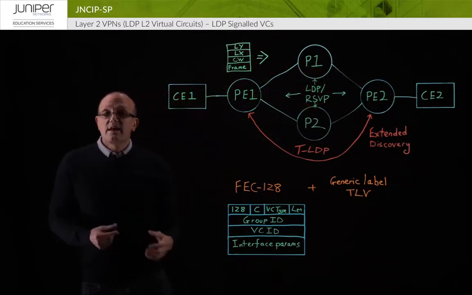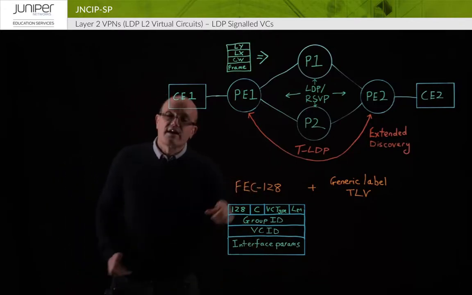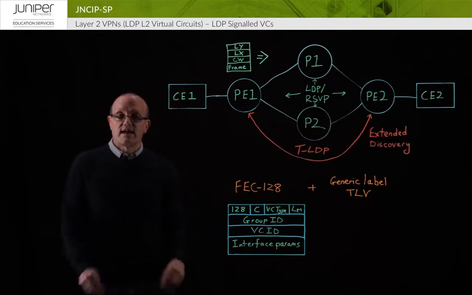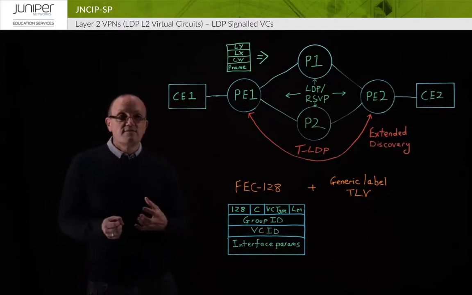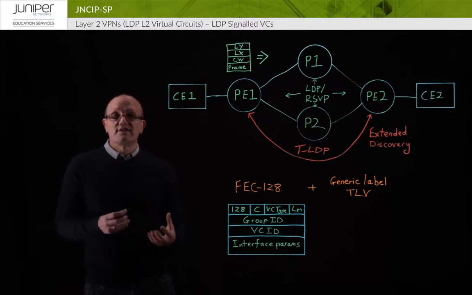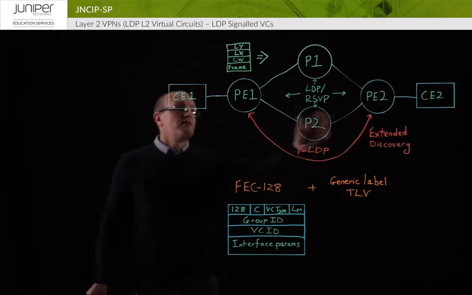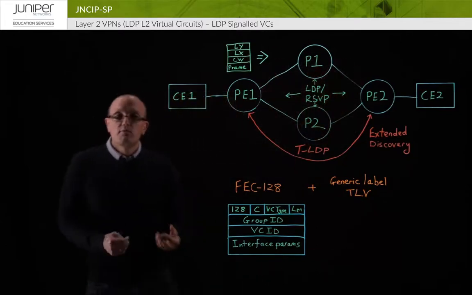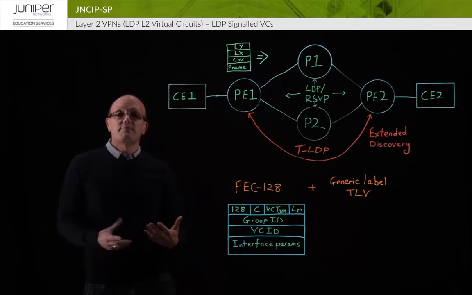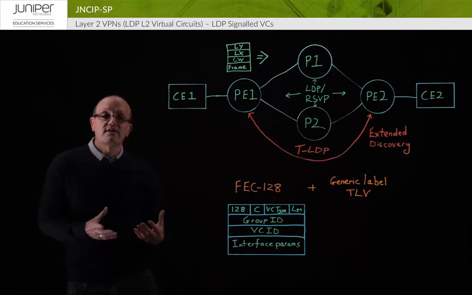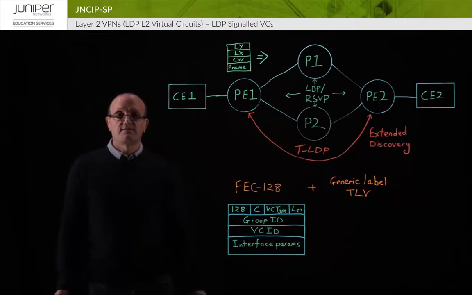And in LDP, you may remember, you have this concept of FEC, or forward equivalence class. This is basically a set of network infrastructure that has common forwarding. When we had just standard LDP alone, this would be an IP address, typically a PE loopback, and we would be associating that with a label value to create LSPs.